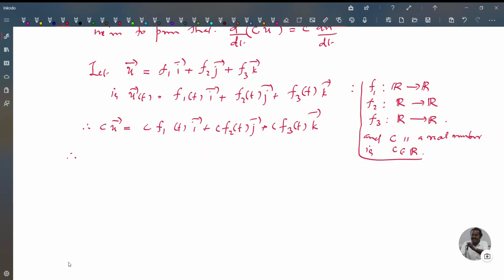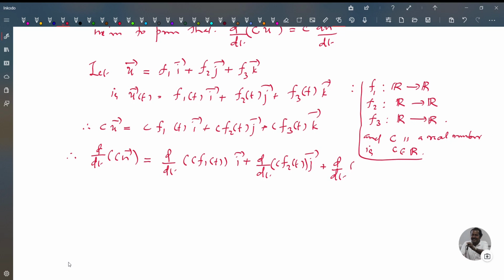Therefore, d by dt of Cu equal to d by dt of C f1 of t into i plus d by dt of C f2 of t into j plus d by dt of C f3 of t into k.